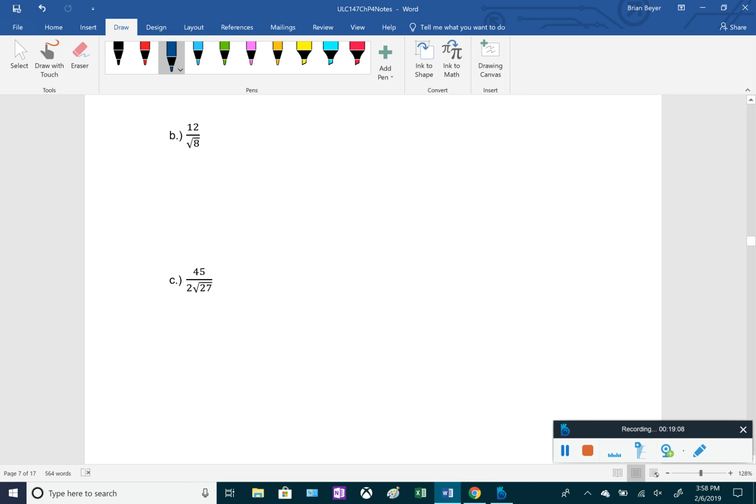Next one, we have 12 over radical 8. So we need to multiply this by radical 8 over radical 8. We're going to get 12 radical 8 over 8. So radical 8 times radical 8 is 8. We can simplify this a little bit. What I'm going to do is I'm going to simplify the radical 8 first.